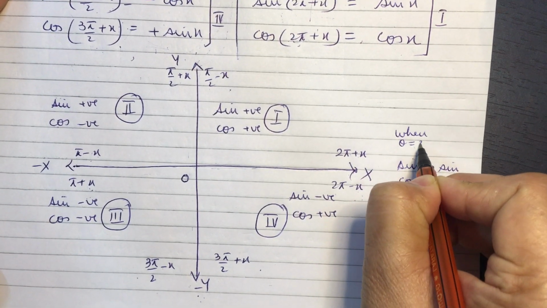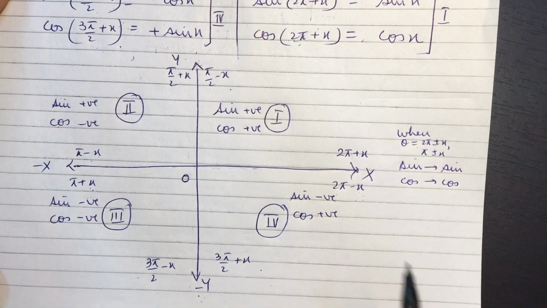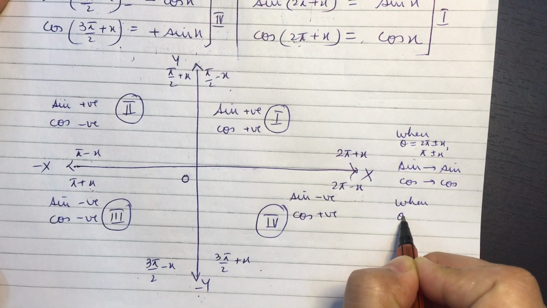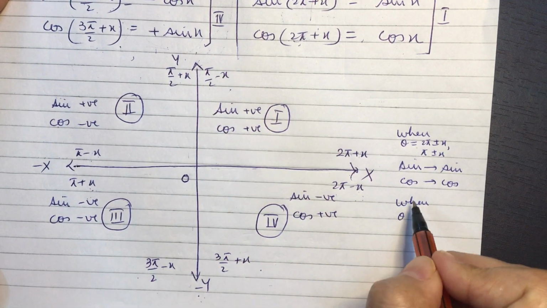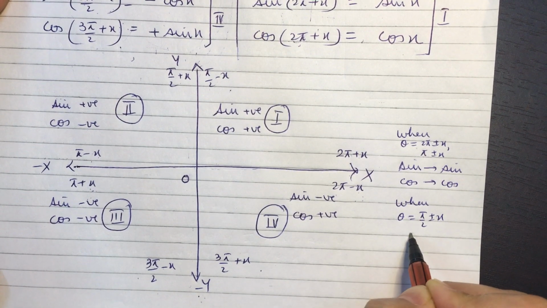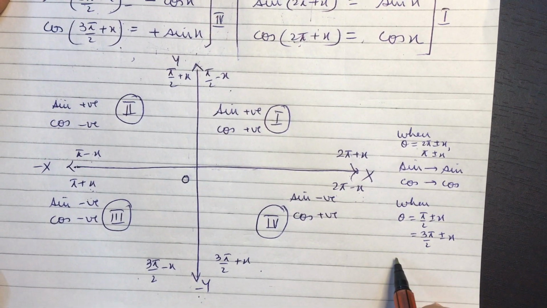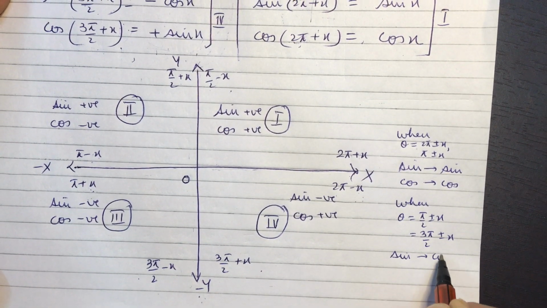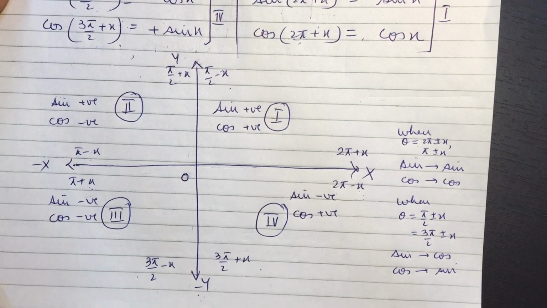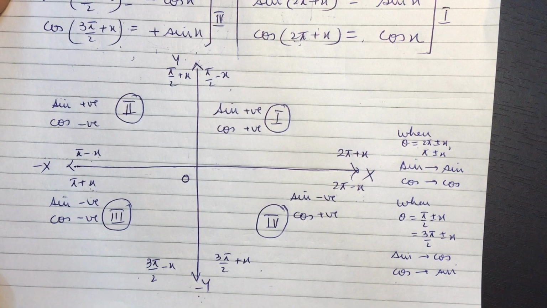Whereas when theta is about the y-axis, that is when theta equals pi by 2 plus minus x and 3 pi by 2 plus minus x, sine becomes cos and cos becomes sine. This is the first point which we notice.